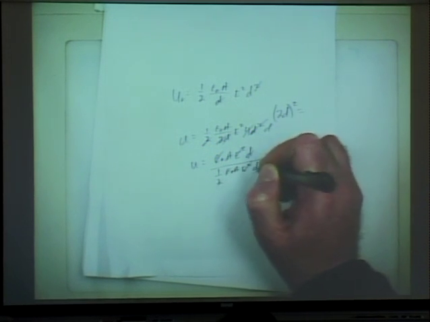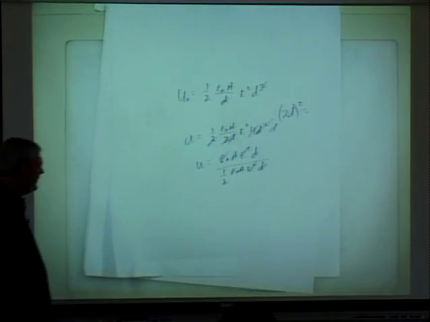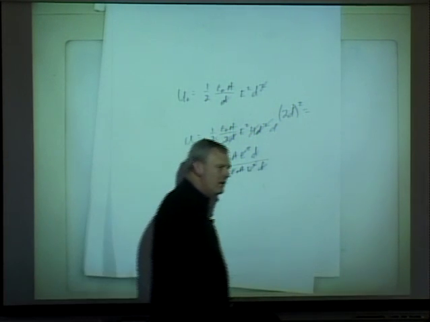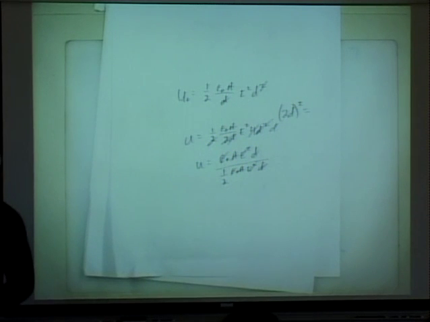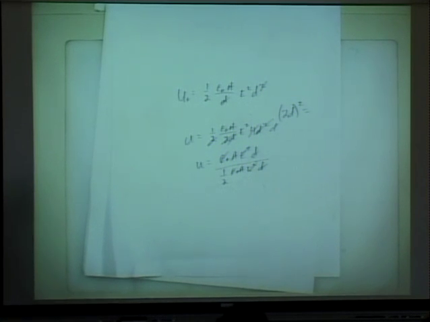So I've got 1 over 1/2. What's that ratio? It'd be 2. All right, good. Geniuses. So this is equal to 2.